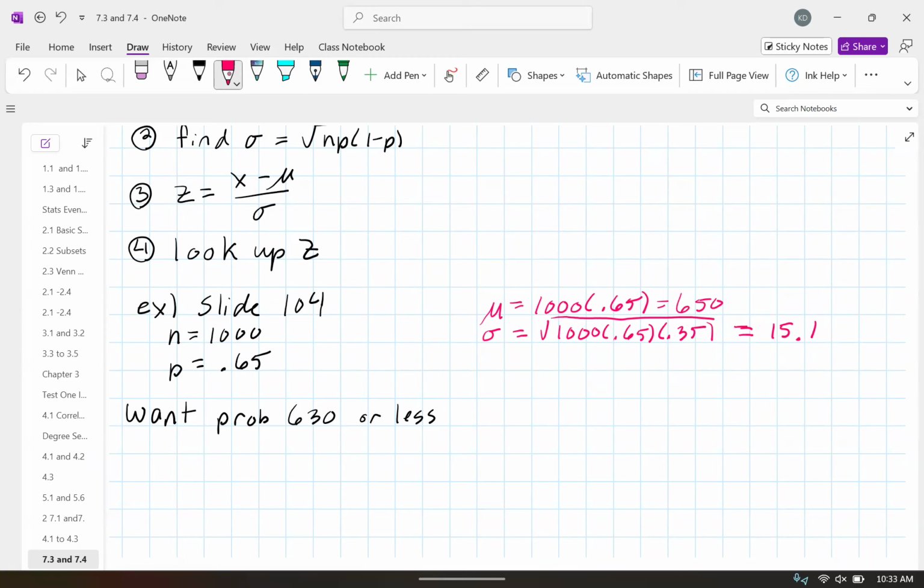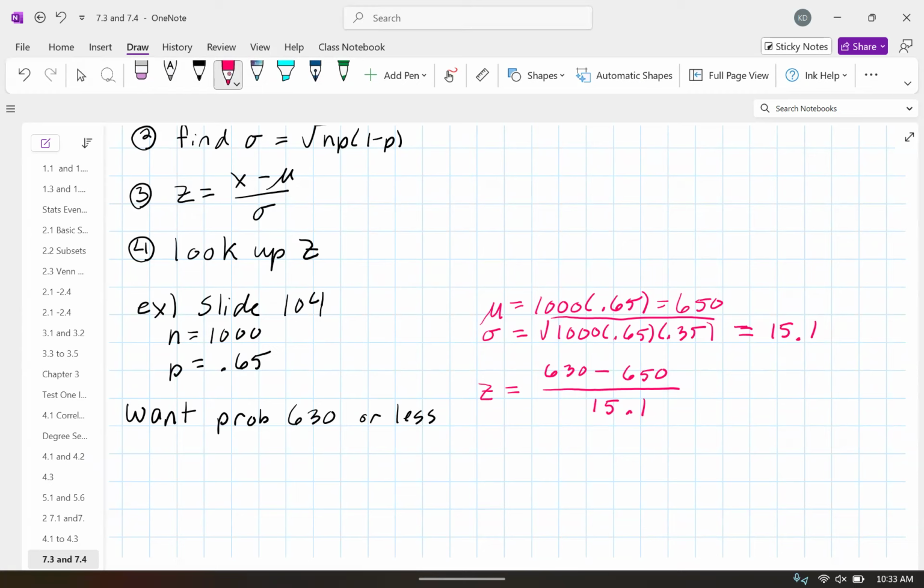Use my z-score. So z equals the data value we're testing, which is 630, minus our mean, which is 650, all over our standard deviation, 15.1. Again, we're going to be in the negative zone, and that's okay. 630, that's negative 20.